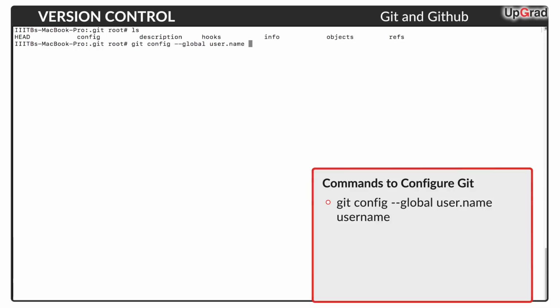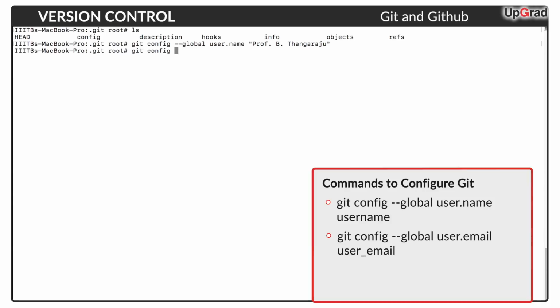I have to give my username within double quotes, and I have to give my email address: git config --global user.email.